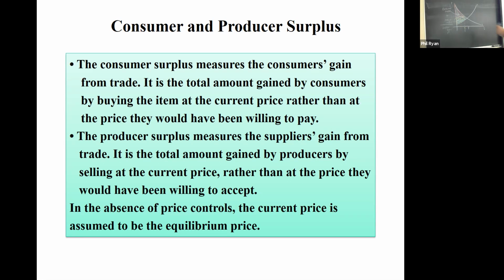So this total surplus, it's known as the gains from trade. Good 18th century term. And so that is what we look for in a market. The best market is the one that gives the greatest gains from trade.